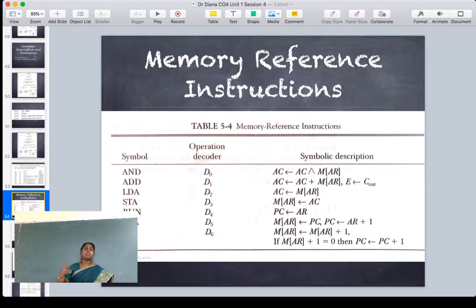So, by the end of time cycle T3, whether it is direct or indirect memory access, the address of the variable or the data is available in the address register. And from time cycle T4 onwards, both direct and indirect memory reference instructions carry out the same functionality.